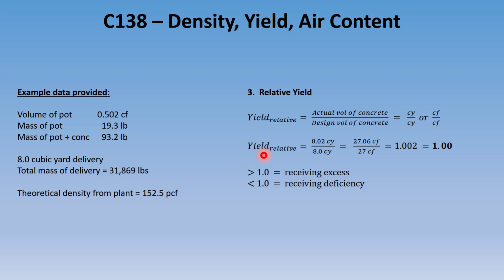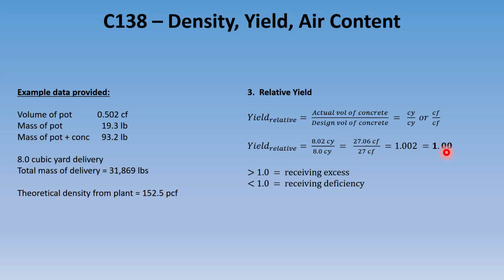So our relative yield in this particular example is the actual volume of concrete we just computed in step 2, 8.02 cubic yards, divided by the design or the intended delivery, an 8.0 cubic yard batch, which gives us 1.002. We would also get that if we took the 27.06 cubic feet divided by our theoretical number of cubic feet per cubic yard, which is 27, gives us 1.002.